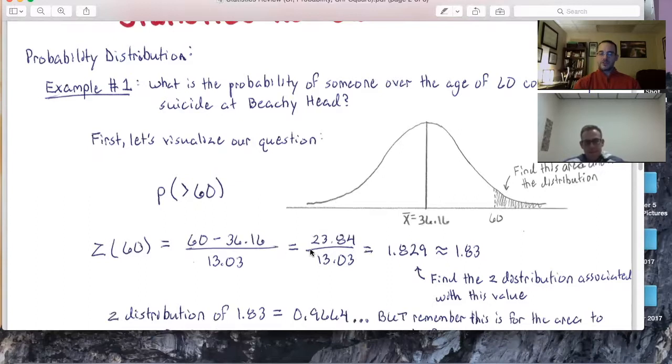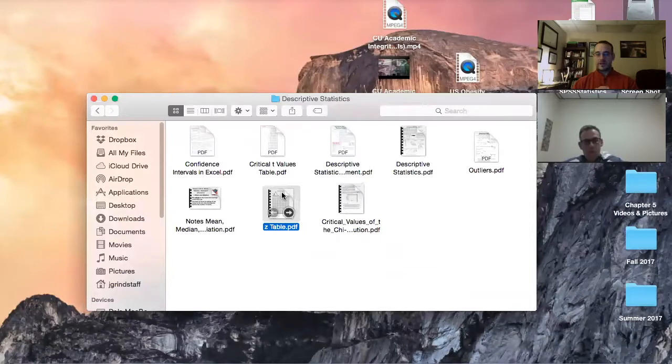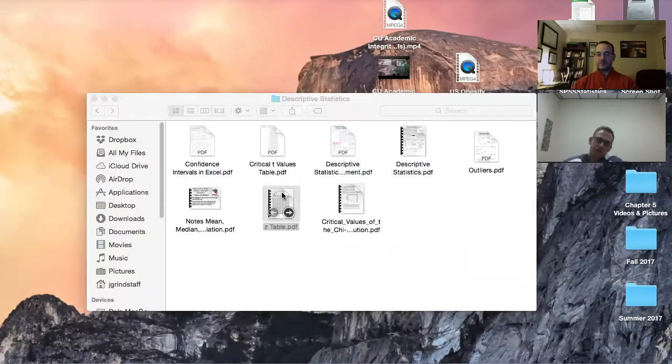On this example, if I were asking you to find the probability of somebody over the age of 60, you should create a z-score for 60, and that should come out to approximately 1.83. Then we need to use our z-distribution table to figure out what the probability associated with that z value is.